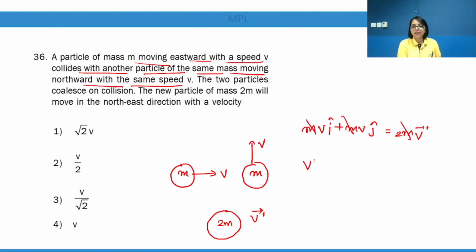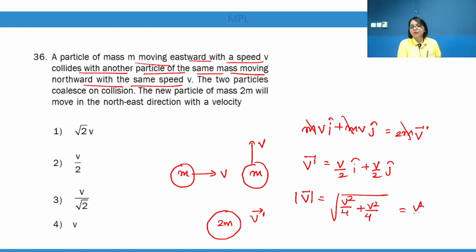So we have v dash vector as v by 2 i cap plus v by 2 j cap. So the magnitude of v dash vector will be under root of v square by 4 plus v square by 4, which is v square by 2 square root. So it will be v upon root 2, which is option 3.